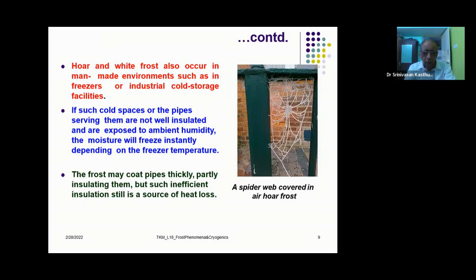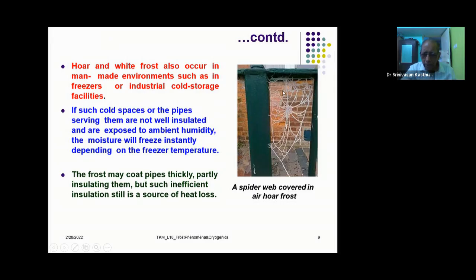In cold spaces, pipes serving them are not well insulated and are exposed to ambient humidity, so the moisture freezes instantly depending on the freezer temperature. Here, for example, you can see a spider web covered in air hoarfrost.